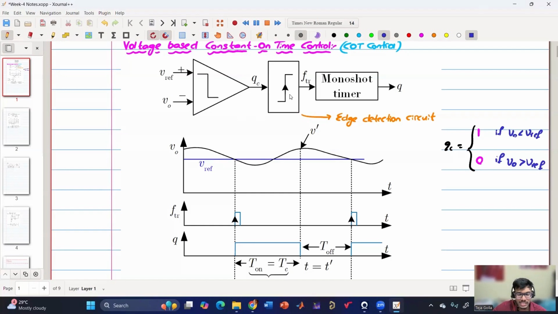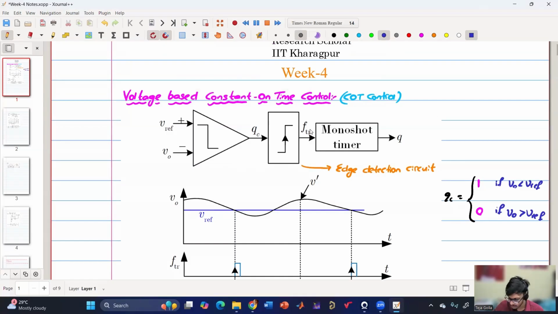So when this rising edge is detected, it will trigger a signal. If we draw the waveform, whenever it sees a rising edge, it will send one pulse. This monoshot timer generates a constant on time pulse.